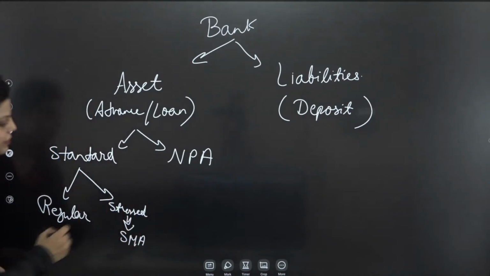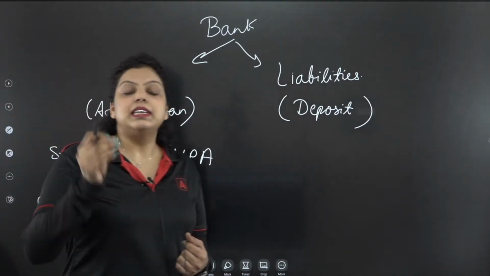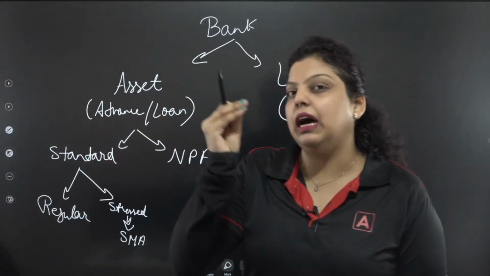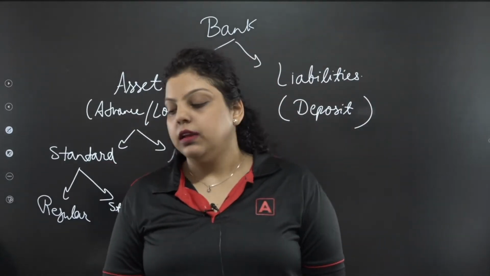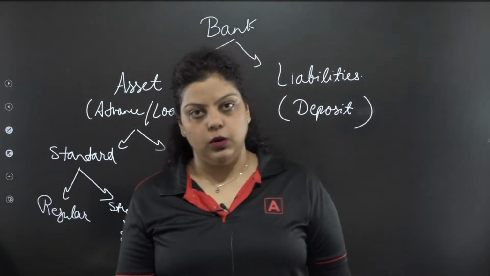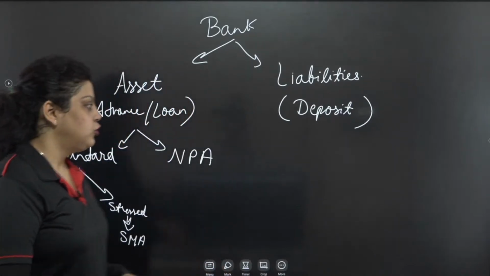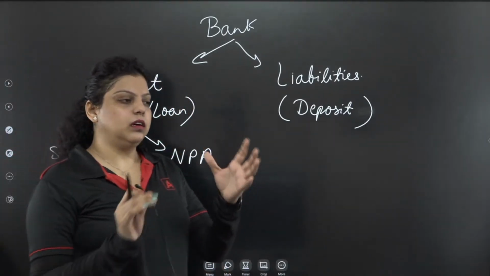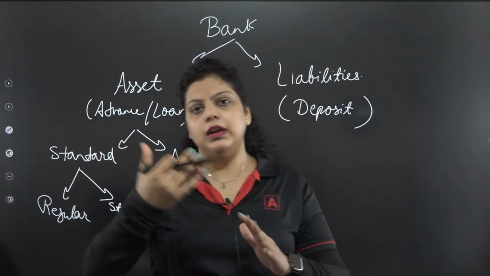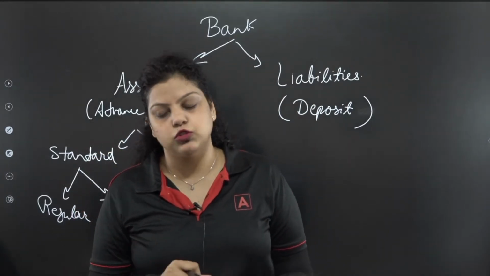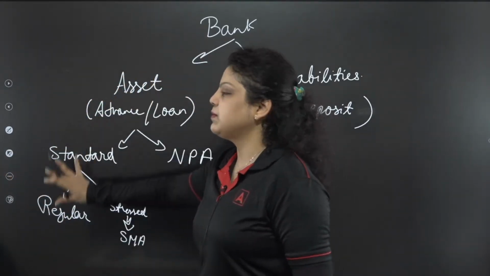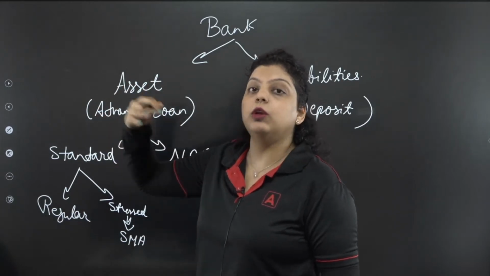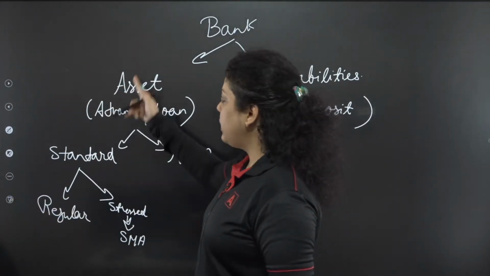A special mention account is simply a type of account which gives us early identification of bad debts. Now what are bad debts? Bad debts are simply loans, or we can say NPA. When a bank is giving loans to customers and getting back loans from them, the bank maintains certain types of assets to recognize how many loans are going to become NPA.